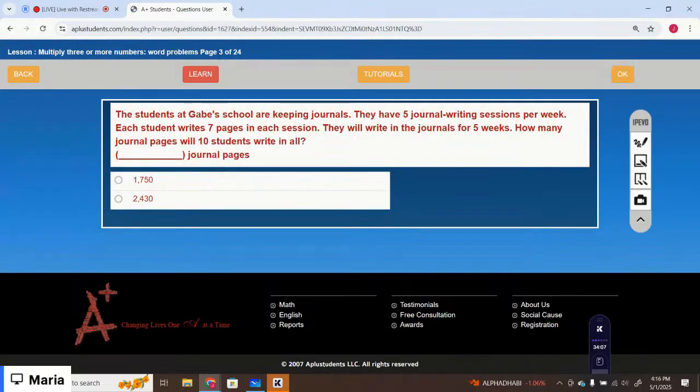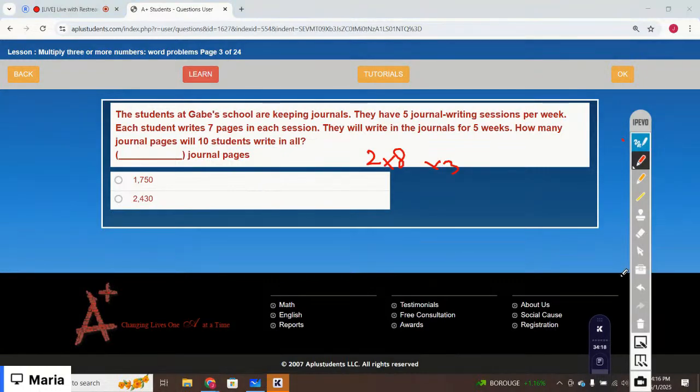The students at Cape School are keeping journals. They have five journal writing sessions per week. Each student writes 7 pages in each session. They will write in the journal for 5 weeks. How many journal pages will 10 students write? Which is the correct option?